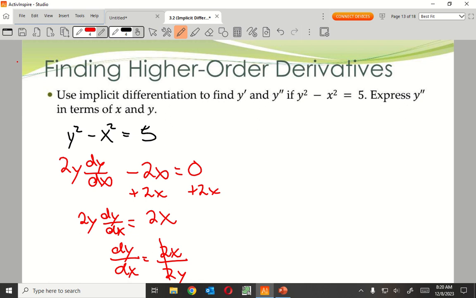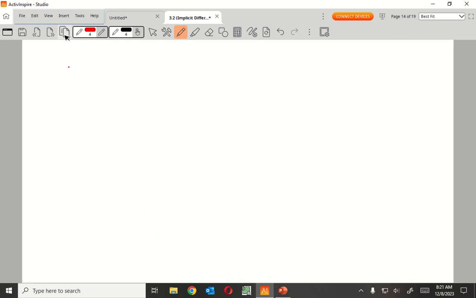That's my first derivative. Now I want a second derivative, so I'm going to take the derivative of the derivative. I have that dy dx is equal to x over y. In this case, what type of rule am I going to use there? Quotient rule.